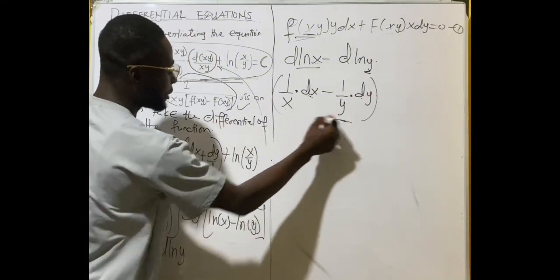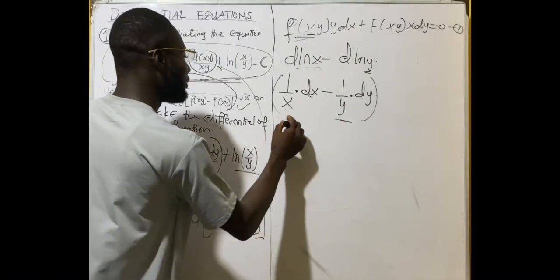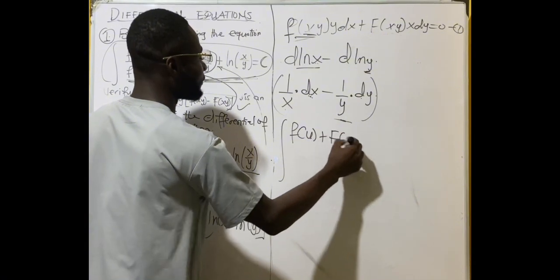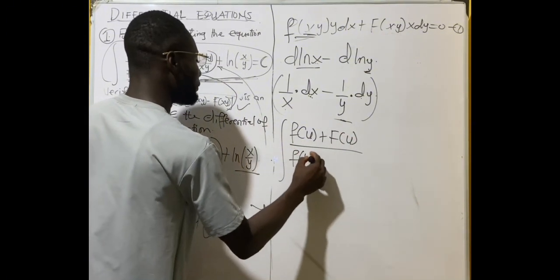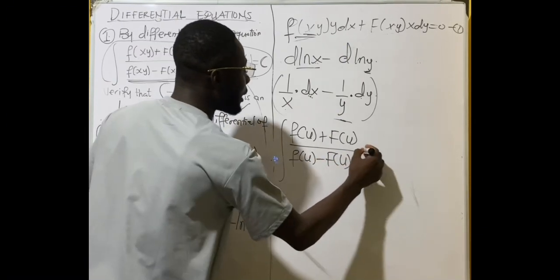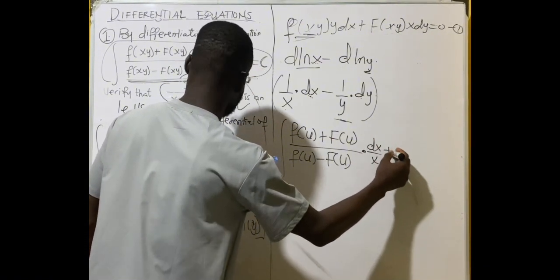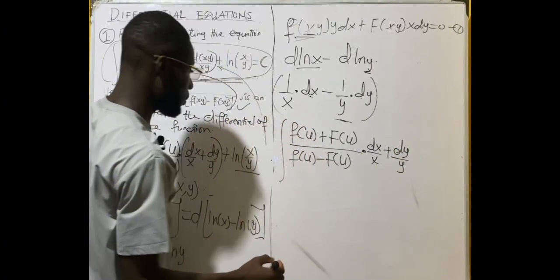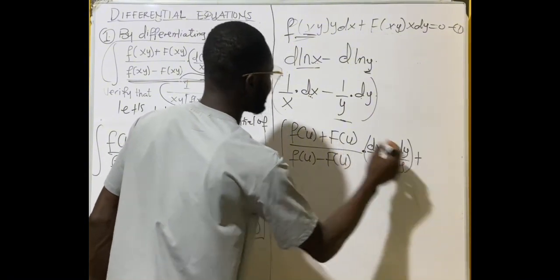So we're going to substitute this in place of what? This, right? So we're going to have integral small f of u plus big F of u all over small f of u minus big F of u times dx over x plus dy over y plus this, right?